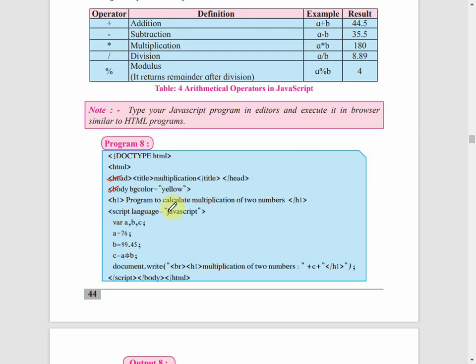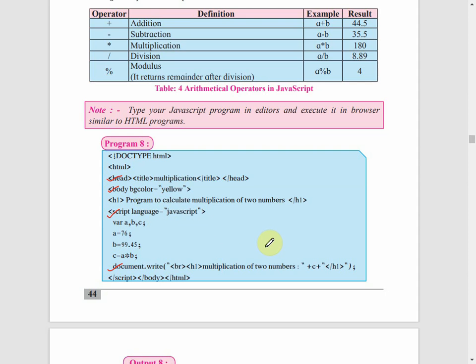While writing the program, keep in mind the script language equals JavaScript, the script tag you are going to use, and to display the result you must write the document.write statement. You have to use a variable to store the value. Once you store the value in the variable name, you can use operators to get the result, for example addition, subtraction, multiplication and division.